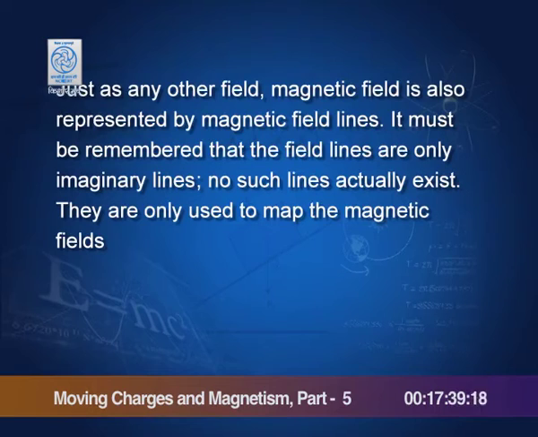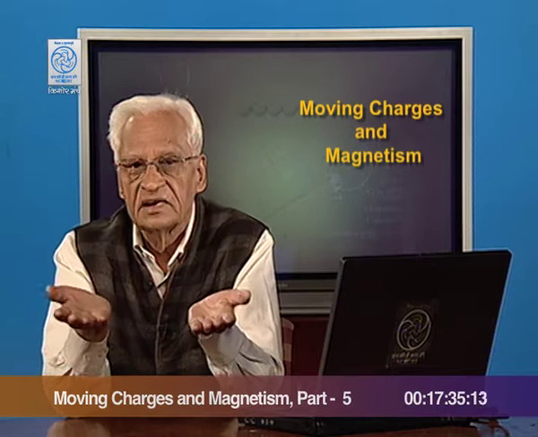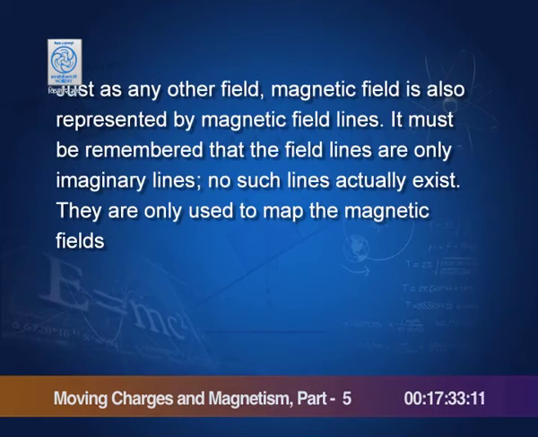This is called the magnetic field, and the magnetic field is represented, as the electric field is, by what are known as magnetic field lines. It must be remembered that the field lines are only imaginary lines.